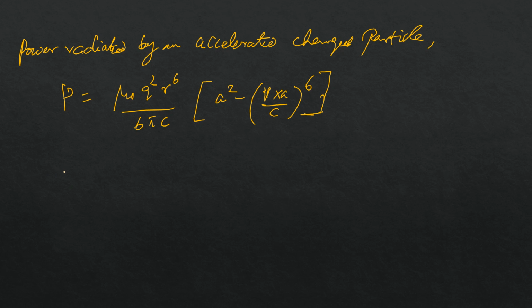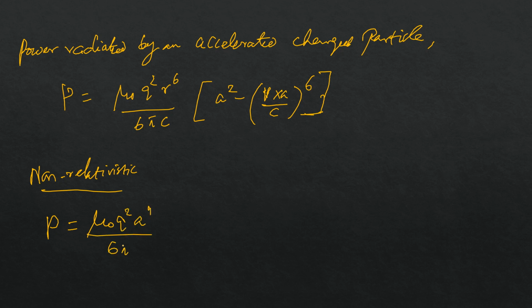This one will be your formula, and there will be different cases where the formula will vary. For example, in the non-relativistic case, power will be equal to mu naught q square a to the power 4 by 6 pi c.